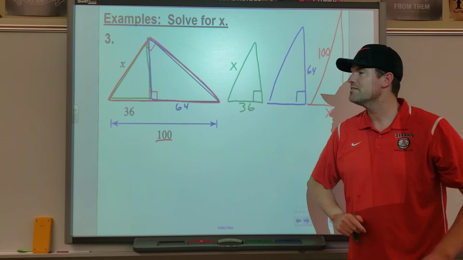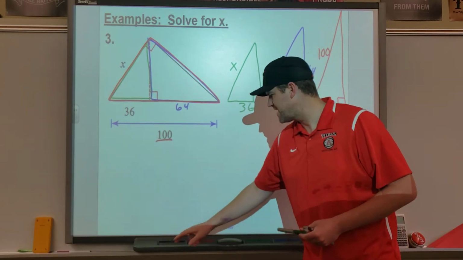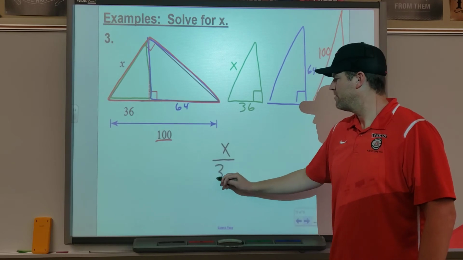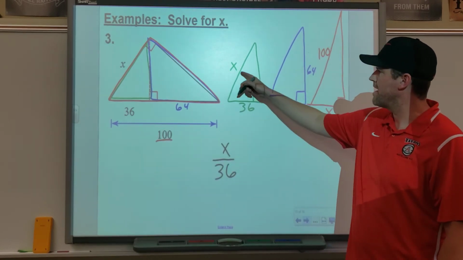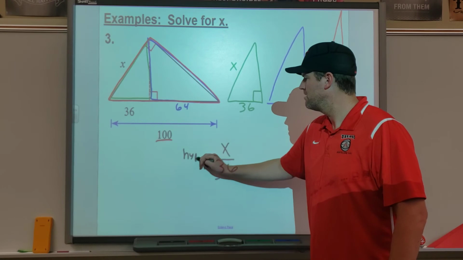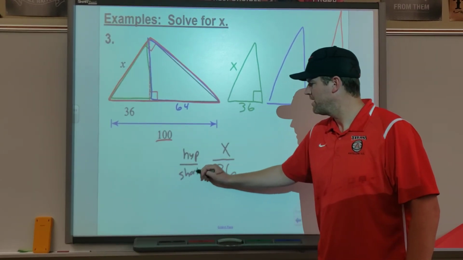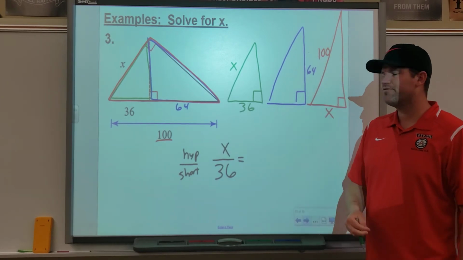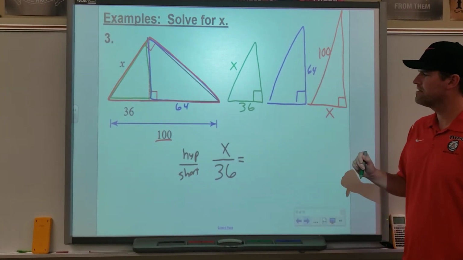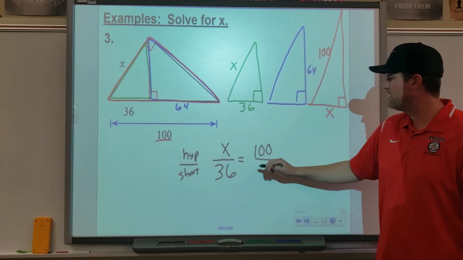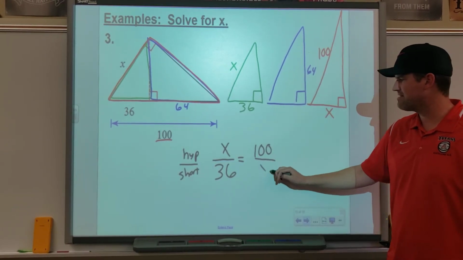And again, what do I know about these 3 triangles? They are proportionate, right? So I can go ahead and take this triangle here where I have x over 36, which is hypotenuse over shortest side. And I'm just going to set up that same fraction for this triangle here. The hypotenuse is 100, and the shortest side is x.